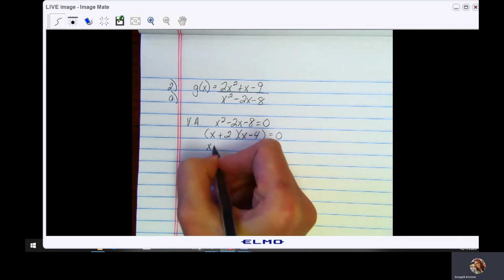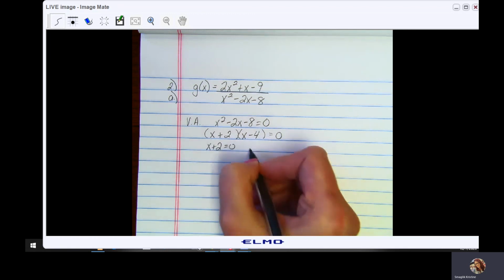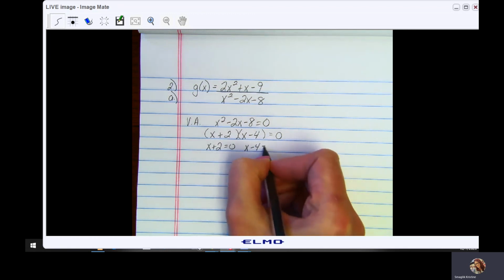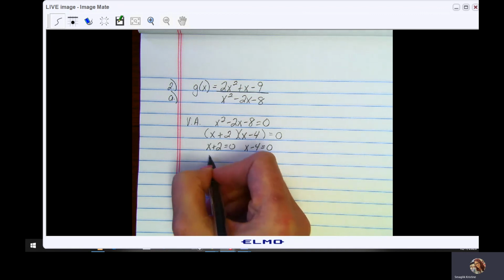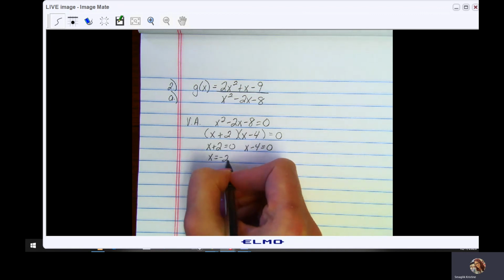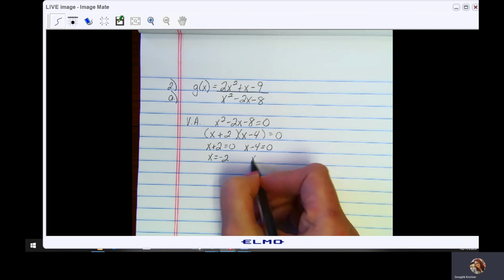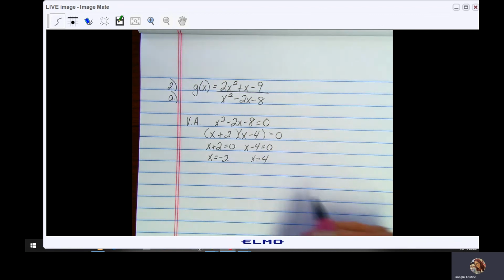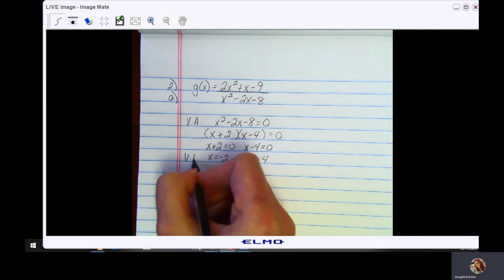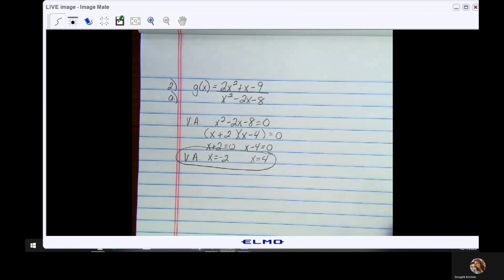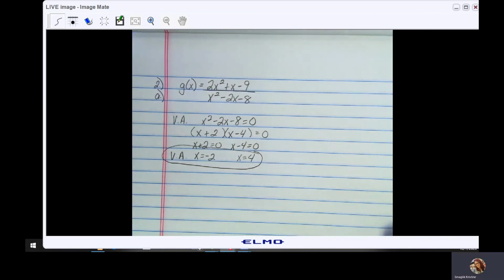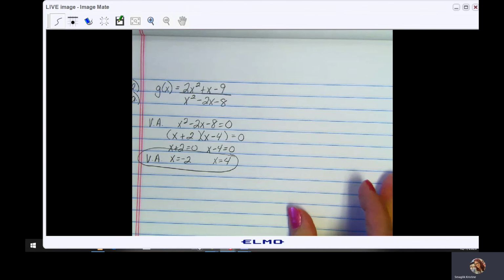I'm going to set my factors equal to 0 to solve using the zero product property. I'm going to subtract the 2. X equals negative 2, and here x equals 4. So these are my vertical asymptotes. Now let's take a look at the horizontal asymptotes.